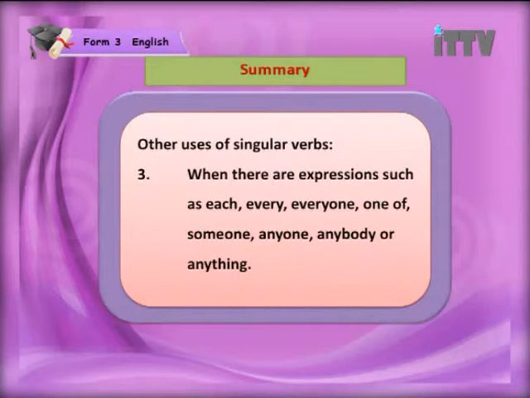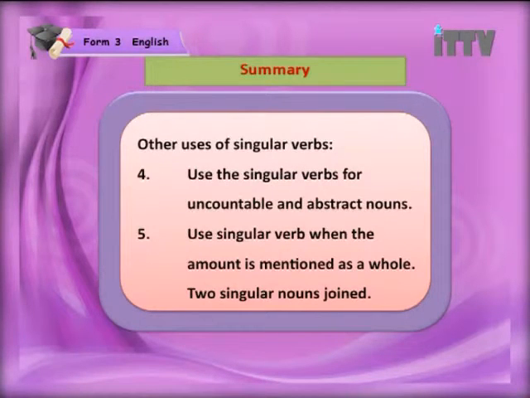Number three, when there are expressions such as each, every, everyone, one of, someone, anyone, anybody, or anything. Number four, use the singular verbs for uncountable and abstract nouns. Number five, use singular verb when the amount is mentioned as a whole.